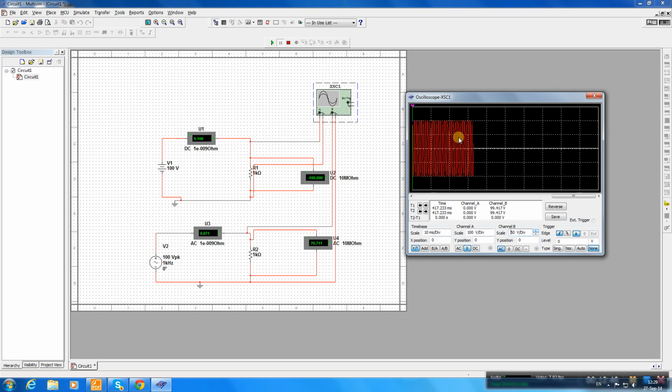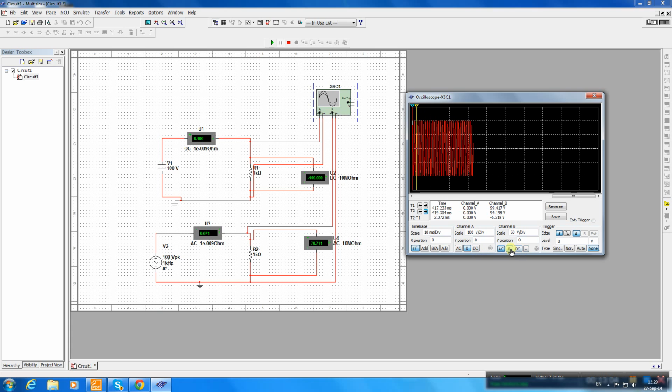As you see, the peak voltage here is about 100 volts as we have here.